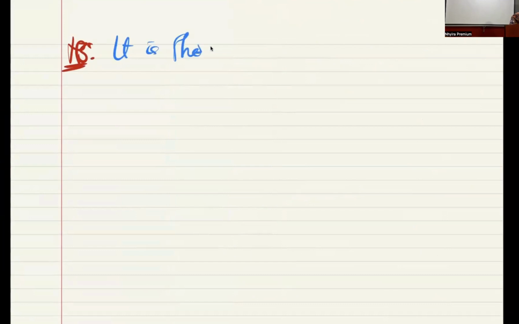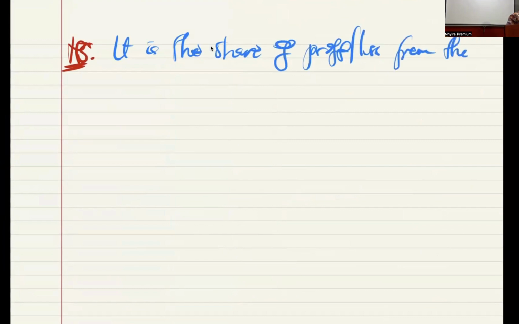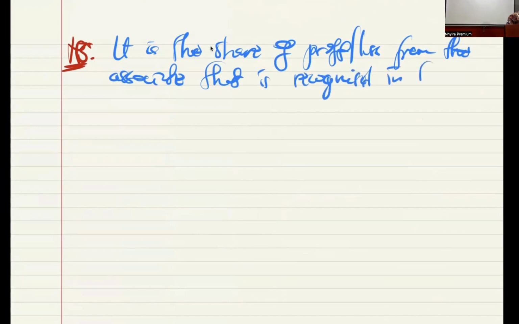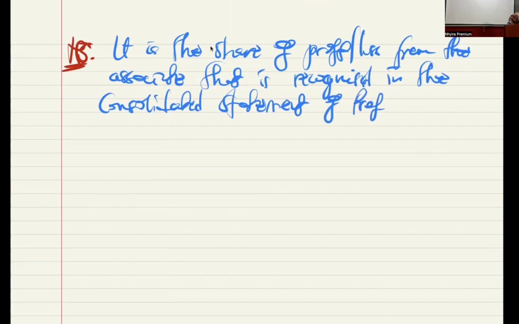It is the share of profit or loss from the associate that is recognized in the consolidated statement of profit or loss and not the dividend received.